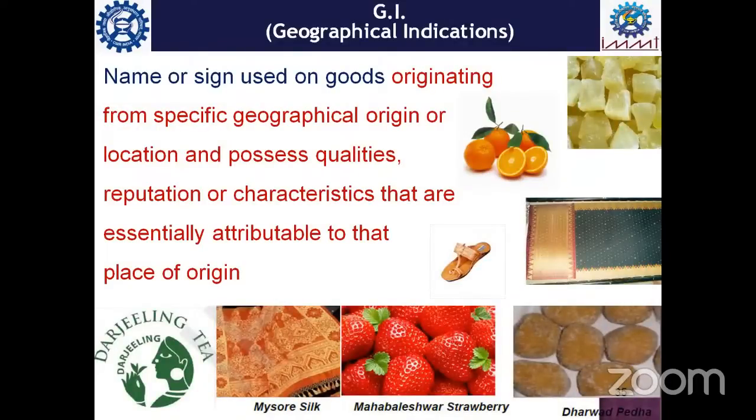And then comes geographical indication. A name or sign used on goods originating from a specific place, wherein the characteristics of those goods are attributable to that place, is called a geographical indication. Darjeeling tea. Tea is grown at many places: in Darjeeling, in Assam, even in Nilgiri. If you go to Darjeeling, it is called Darjeeling tea.